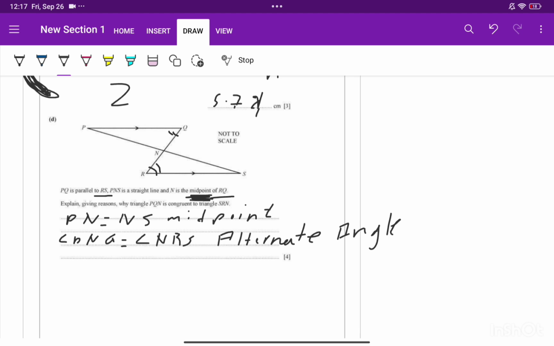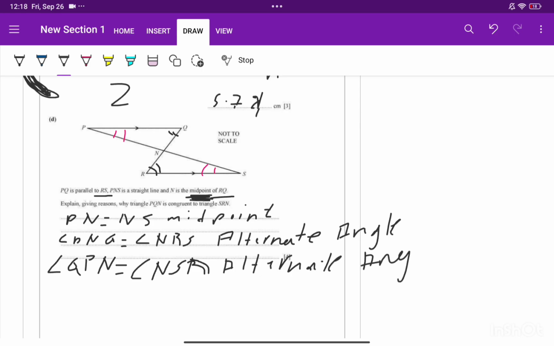And if PQN is equal to NRS, then we also know that QPN, this angle, and NSR, this angle, will also be the same. Again, the reason will be the same, alternate angles. So we can write angle QPN is equal to angle NSR because of alternate angles.